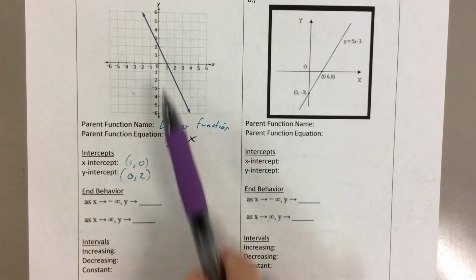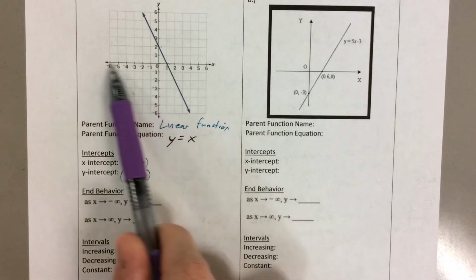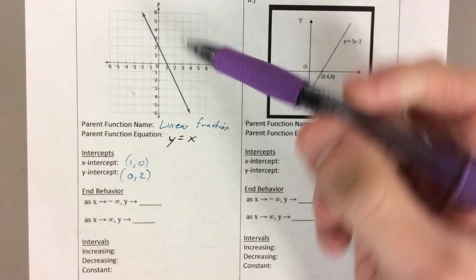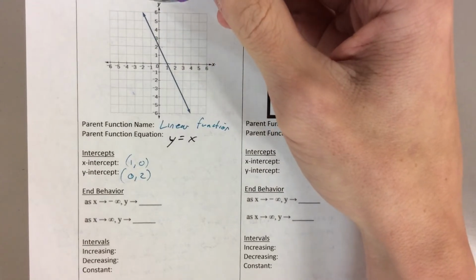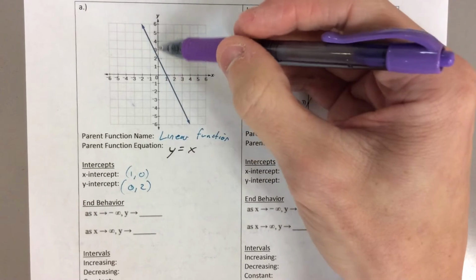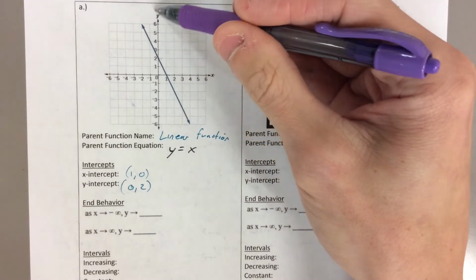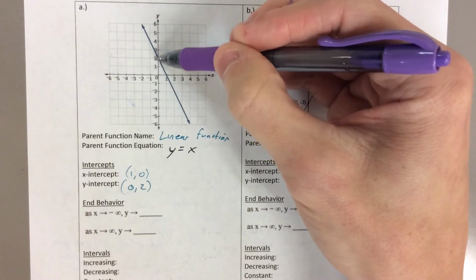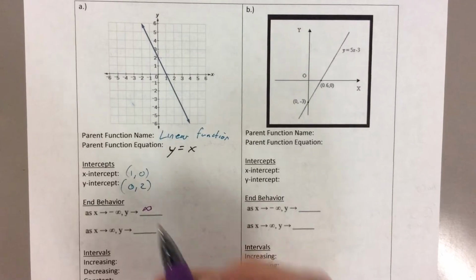So as x goes left, y approaches positive infinity or negative infinity? Well, it's definitely going to be positive. You see how it's getting closer to higher positive numbers, getting closer to positive infinity there? Hopefully so.